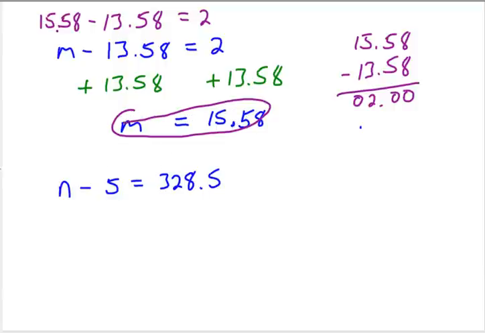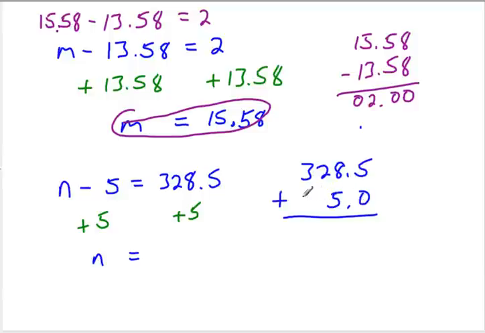All right, down here, pretty similar. To get rid of this minus 5, we're going to do the inverse of that, which is add 5 to both sides. So on the left here, we'll get an n. On the right, we're adding 5 to 328.5. Remember, you have to line up the decimals. If you want, you can put in some zeros where the empty spots are.